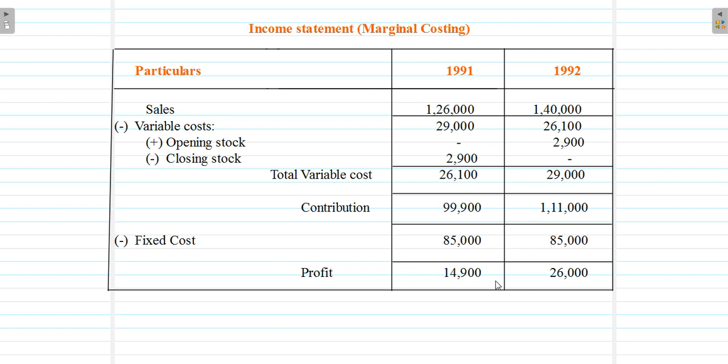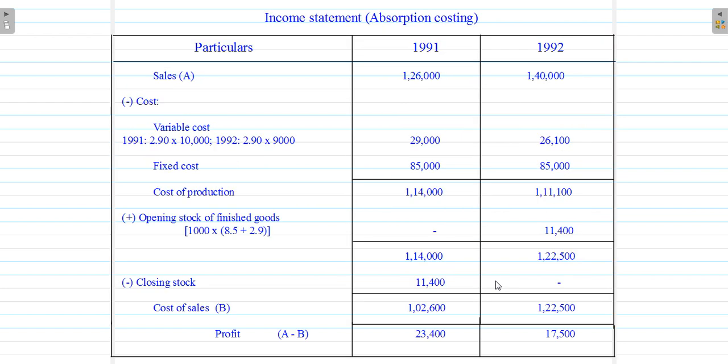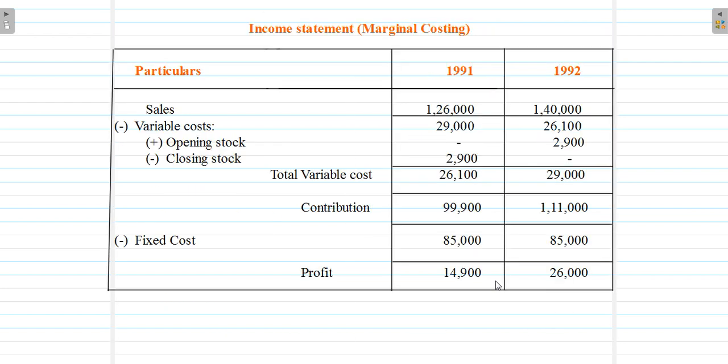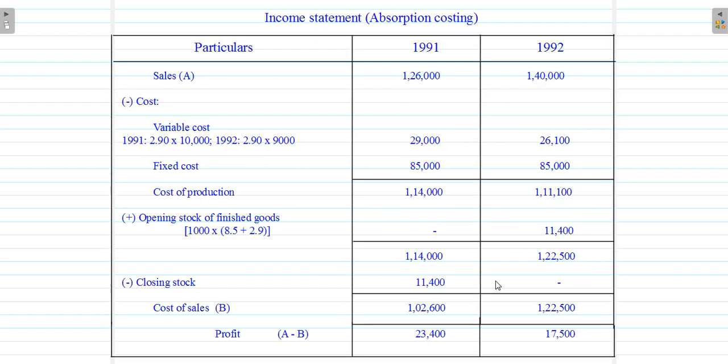If you see, there is abnormality in the results disclosed. This is because under absorption costing, the portion of the fixed cost of 1991 is carried forward to 1992 as a part of the closing stock.